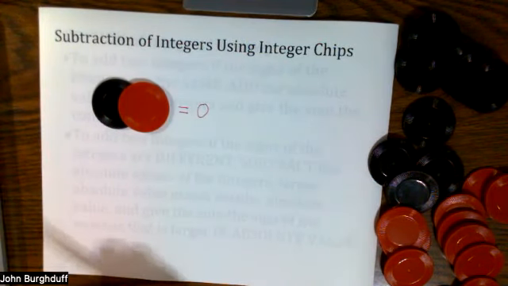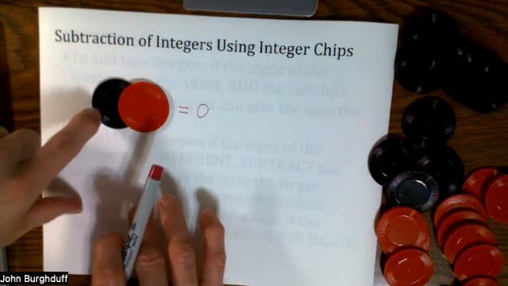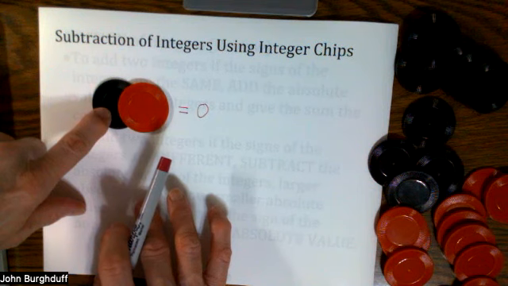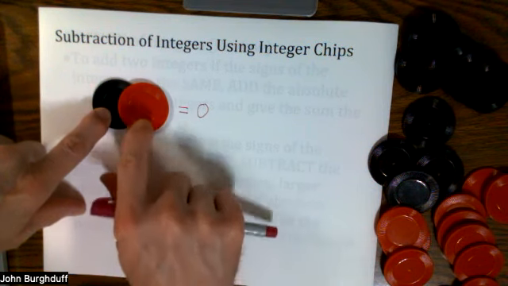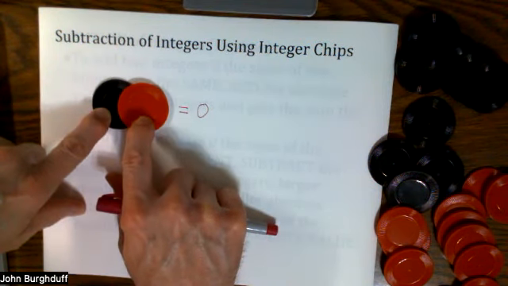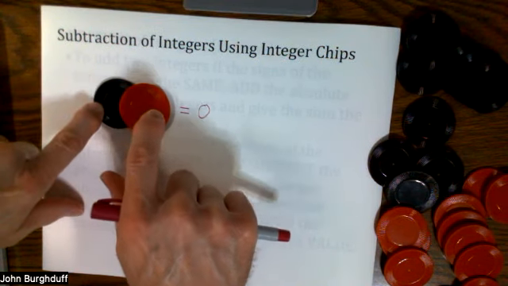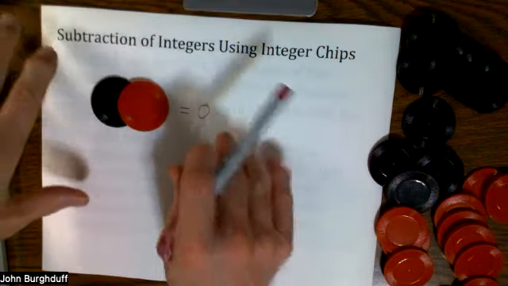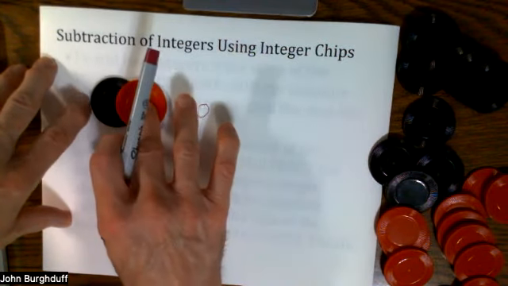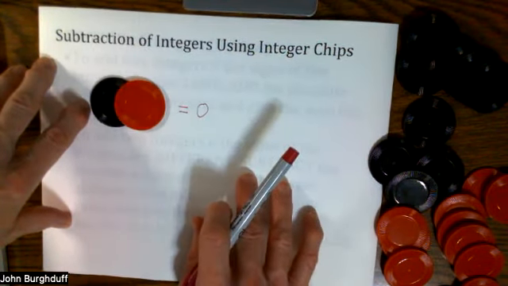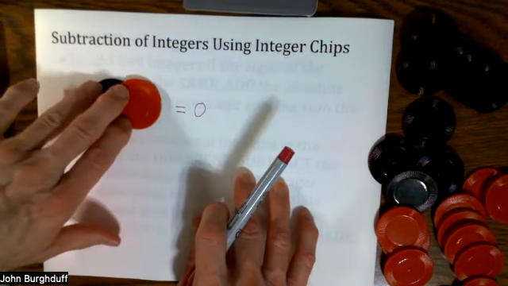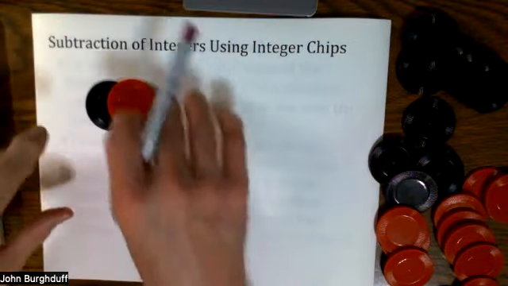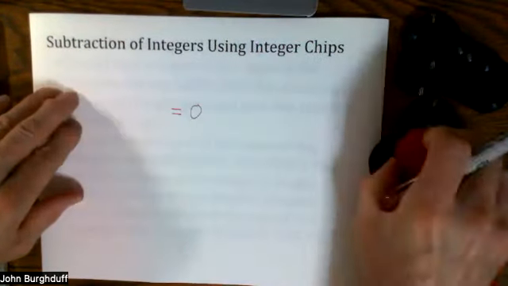The way I described this in the previous video is imagine the black chip meaning that you have in your pocket $1, but at the same time you owe a friend $1. If you have $1, but you owe $1, then your net worth is $0 because you've got to pay back this other guy. So a black and a red together form a zero pair, representing 0. Hang on to that idea, we will see it again.